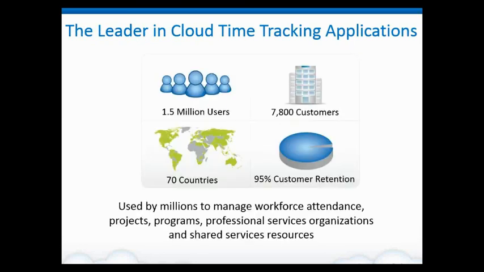Replicon is the world leader in cloud-based time tracking applications. We are used by organizations across countries, across industry segments to manage time and attendance, projects and programs, professional services organizations, and shared services resources. We are trusted by more than 1.5 million users across about 8,000 of our customers with their time tracking needs.